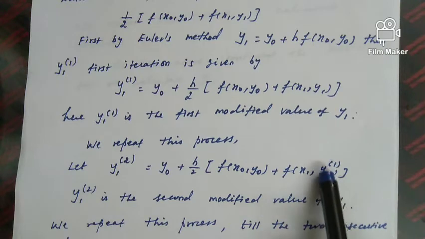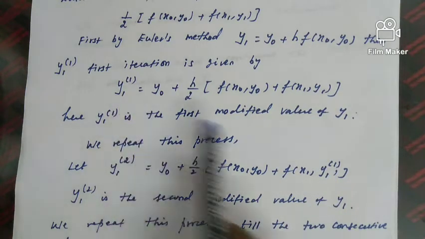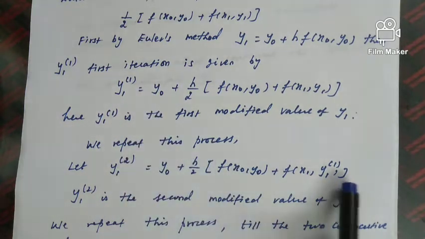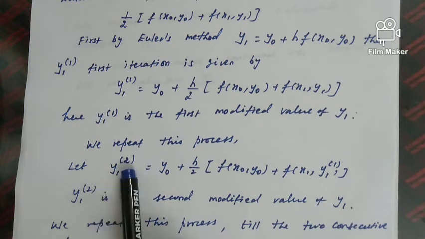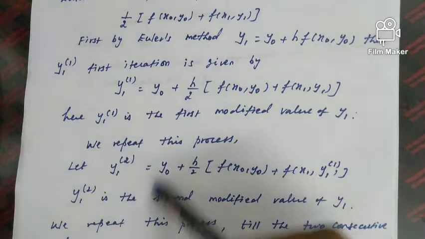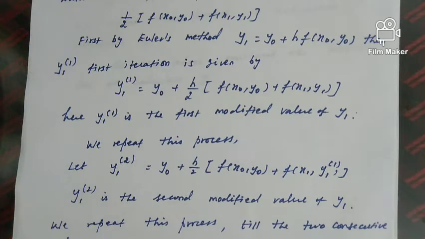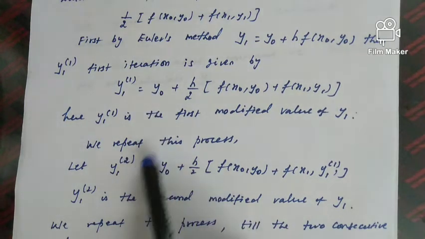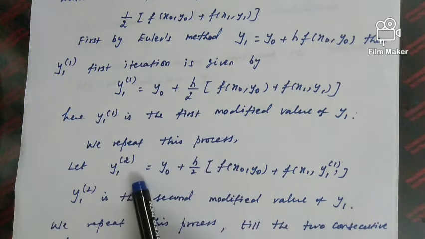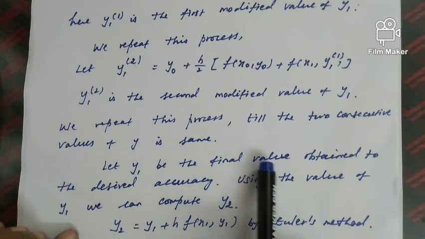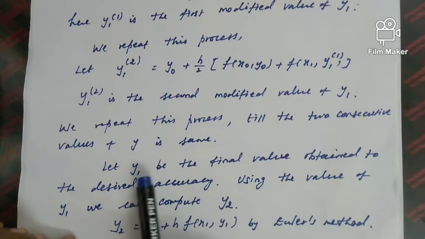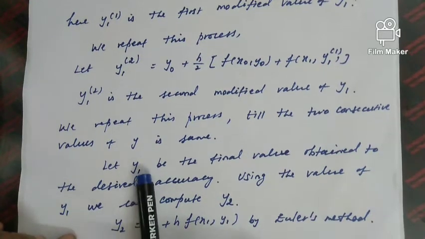Here y1 of 1 is the first iteration value of y1, and we apply this value to get the second iteration value. You can do the process until we get the same value. Suppose in two iterations the values are equal, we can stop there. That is our final y1. Let y1 be the final value, the more accurate value of y1.